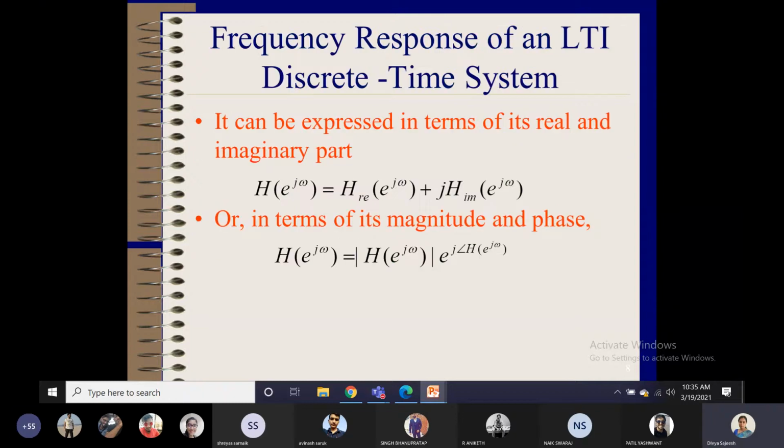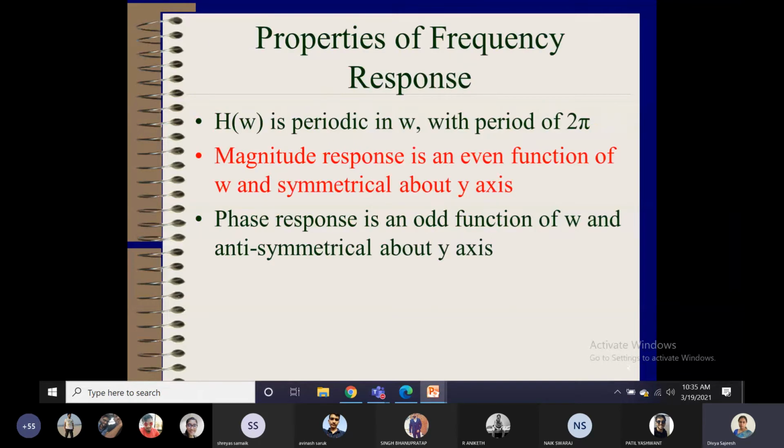So from this we understood H of omega is complex, so it has a magnitude and a phase also. If I plot the magnitude separately, the plot will be symmetrical about the y-axis. If I plot the phase separately, that will be anti-symmetrical about the y-axis.